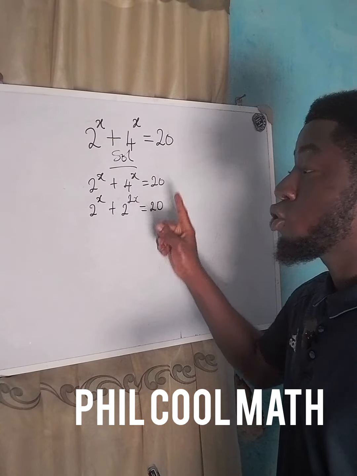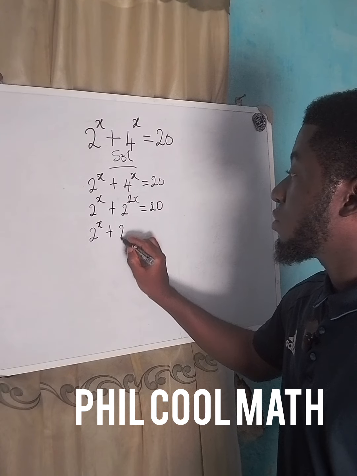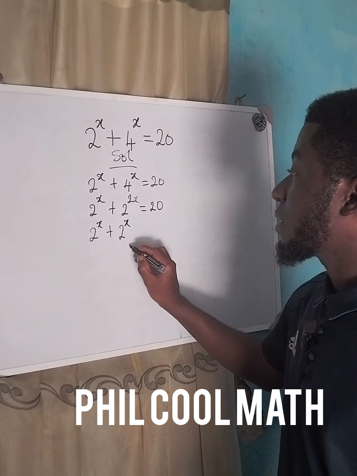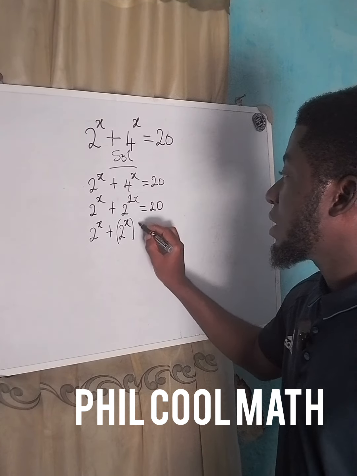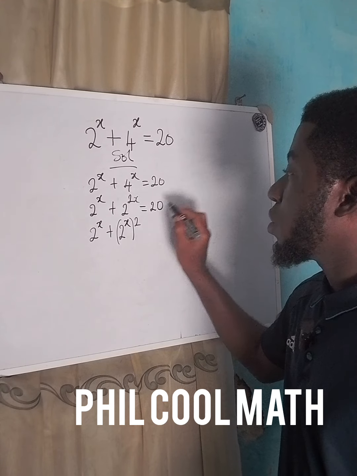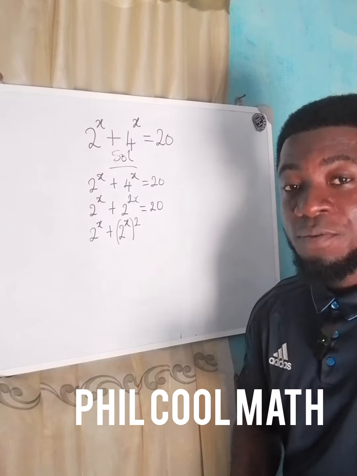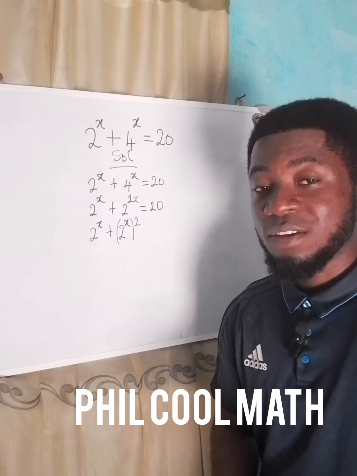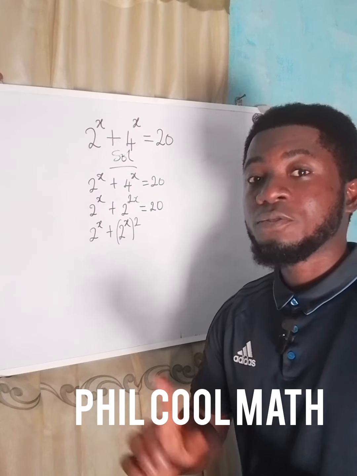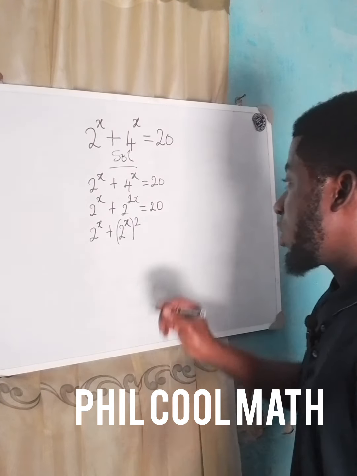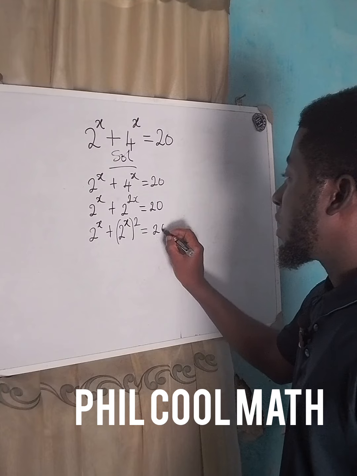So I'll write 2 to the power of x plus, here now I'm going to have 2 to the power of x, right? Let me close this. Then we have 2 on the outside, so that if you open the brackets again, you're going to have your power of 2x. Good. Now this is equal to 20.